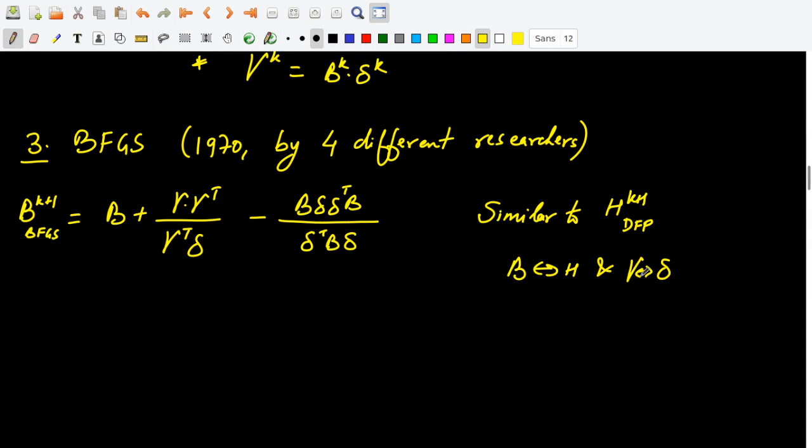This you can verify yourself, and just like we were able to compute the inverse of H k plus 1 DFP, we can compute the inverse of BFGS as well.